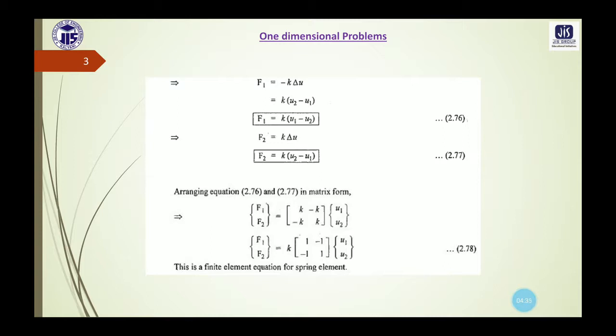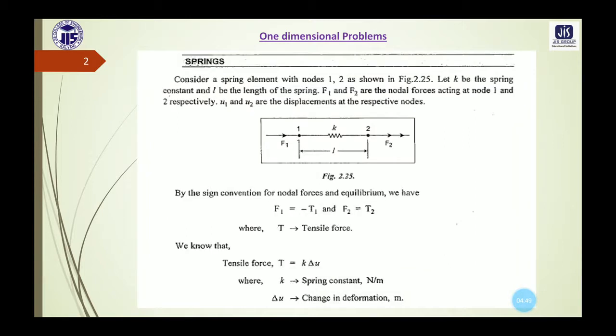So that means finally, as a equation number 2.78, we are getting the finite element equation for the spring element. So this is the derivation of the finite element equation considering this spring element, which is given in the diagram, where we can see that we are having two different nodes 1 and 2, and corresponding to that F1 and F2, these are the nodal forces, and U1 and U2, these are the nodal displacements.